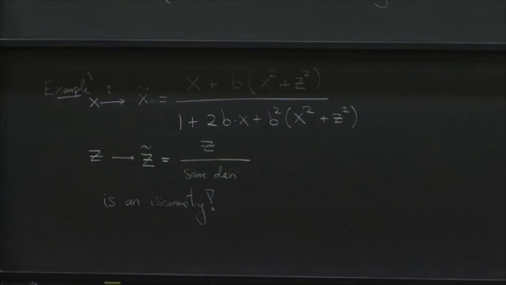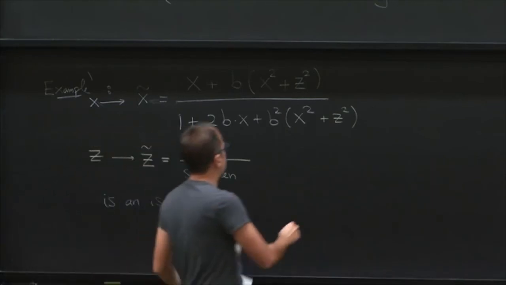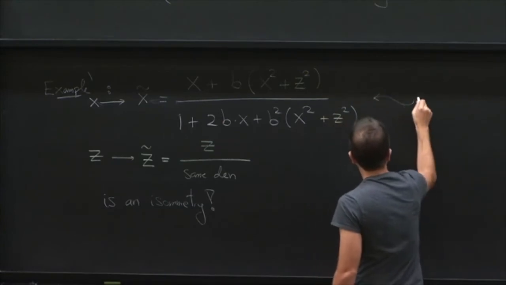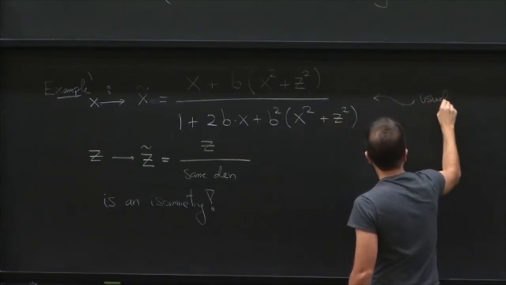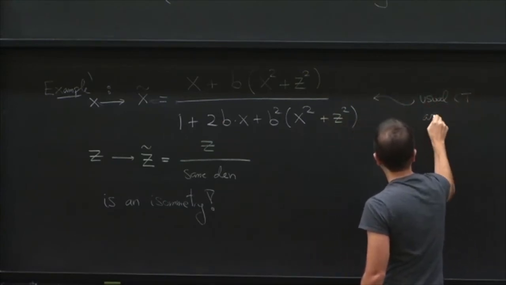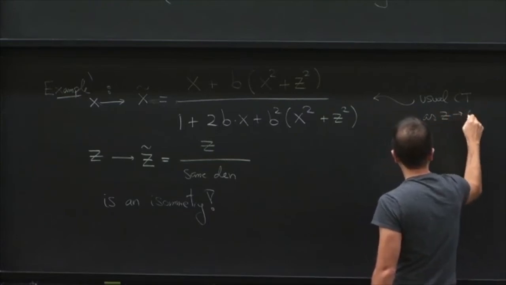This, you see, would be the way that we would promote this transformation that would not be an isometry, it would transform. We have to deform it slightly. You see that if z is very small, this is like the usual conformal transformation as we send z to 0.